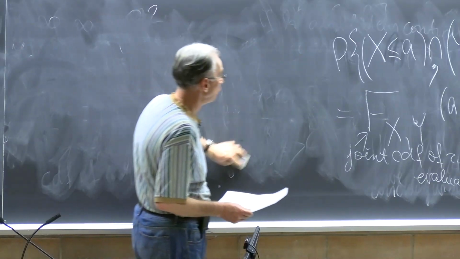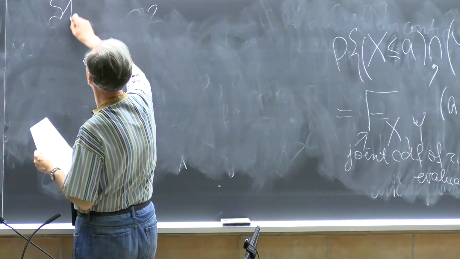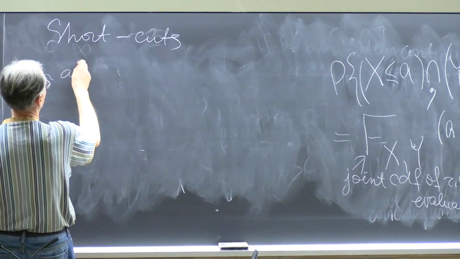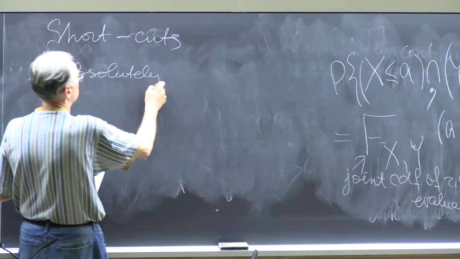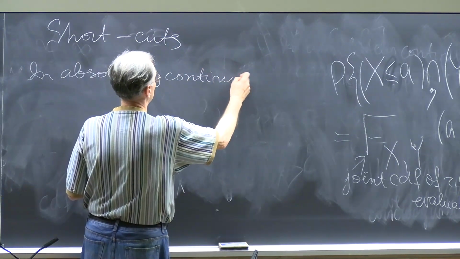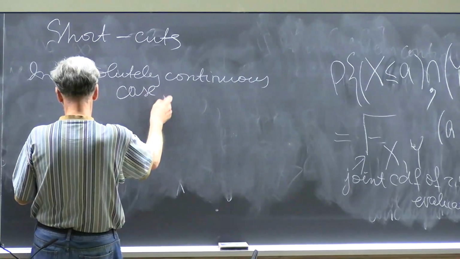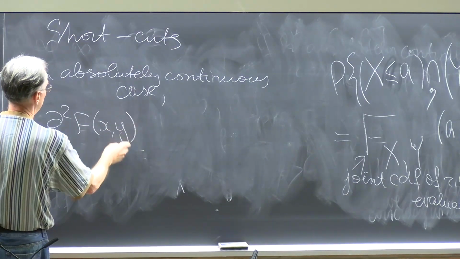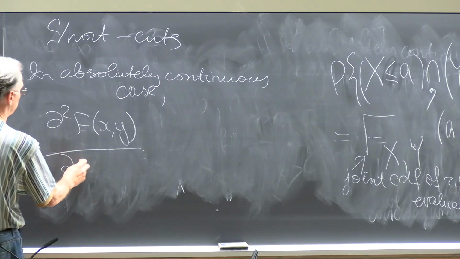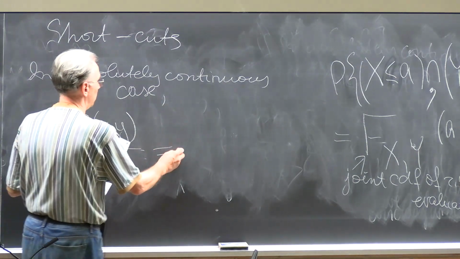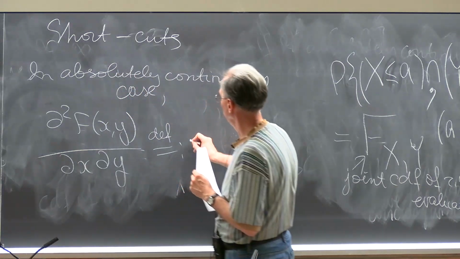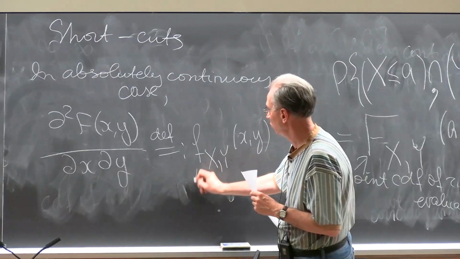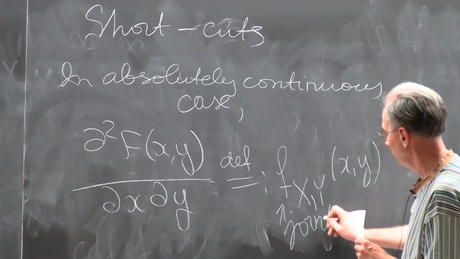But let's talk about shortcuts, which you, of course, know. So, in the absolutely continuous case, we use the fact that the second mixed derivative of the joint CDF, capital F, with respect to x and y is denoted by little f sub capital XY of little x, little y, and it's called the joint PDF.